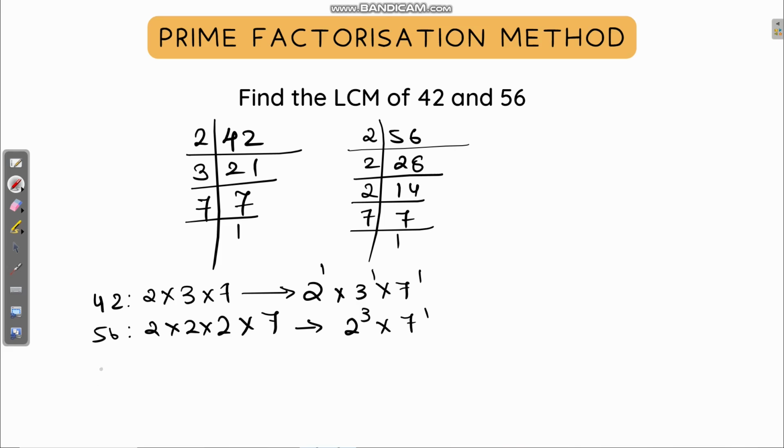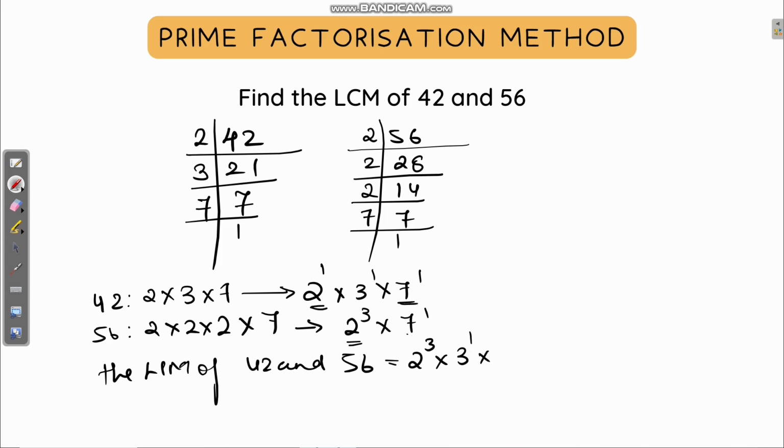The last and the most important step, the LCM of 42 and 56 is equal to, we have to take each and every prime number the maximum number of times it's coming. So 2 is coming one time over here, 2 is coming thrice over here, so I have to take thrice. Then the next number is 3. 3 is coming once, so you write once. 7 is coming, see here also 7 raised to 1 and 7 raised to 1, so I have to take the maximum, that is 7 raised to 1.